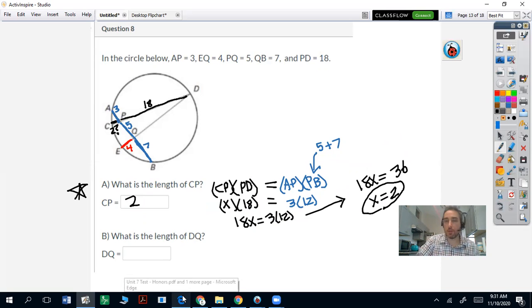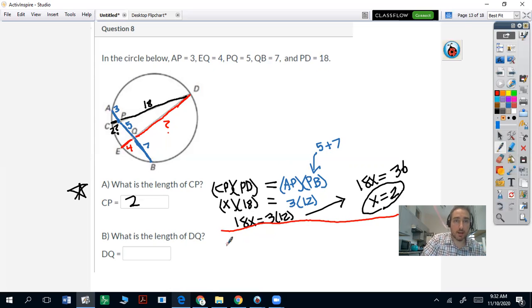Now letter B is very similar, but it's using the other segment. I'll go over all this with you and you can try number 9 on your own. So letter B, what's the length of DQ? So DQ is in the same segment as EQ. So let's set up another equation.